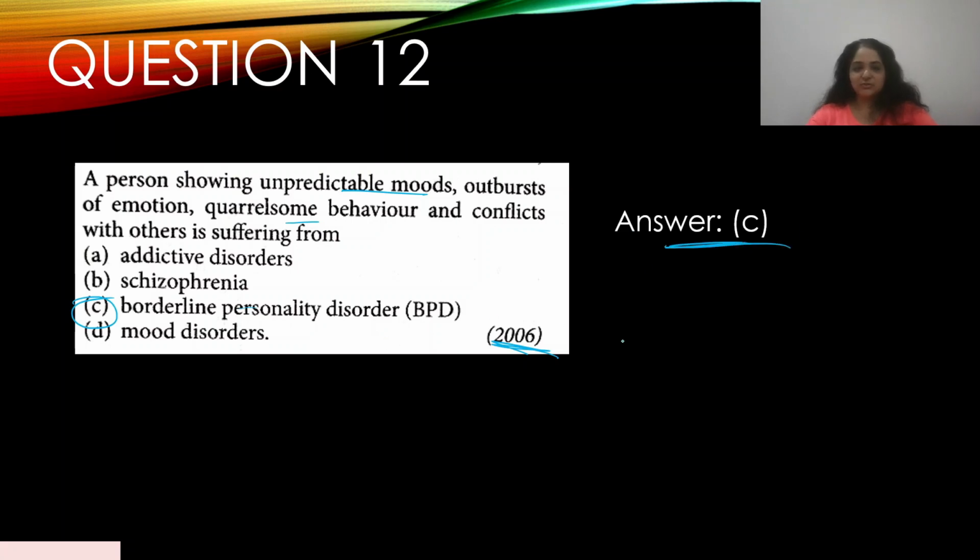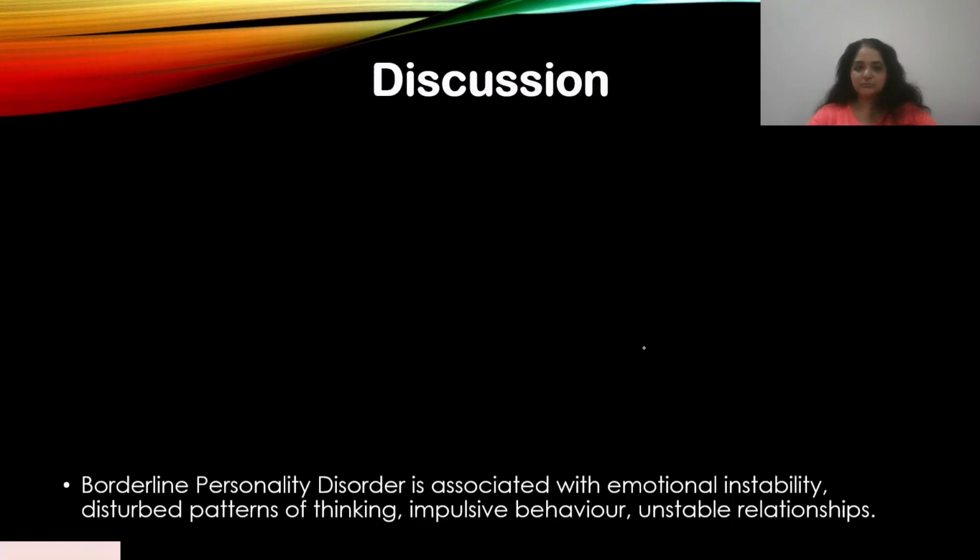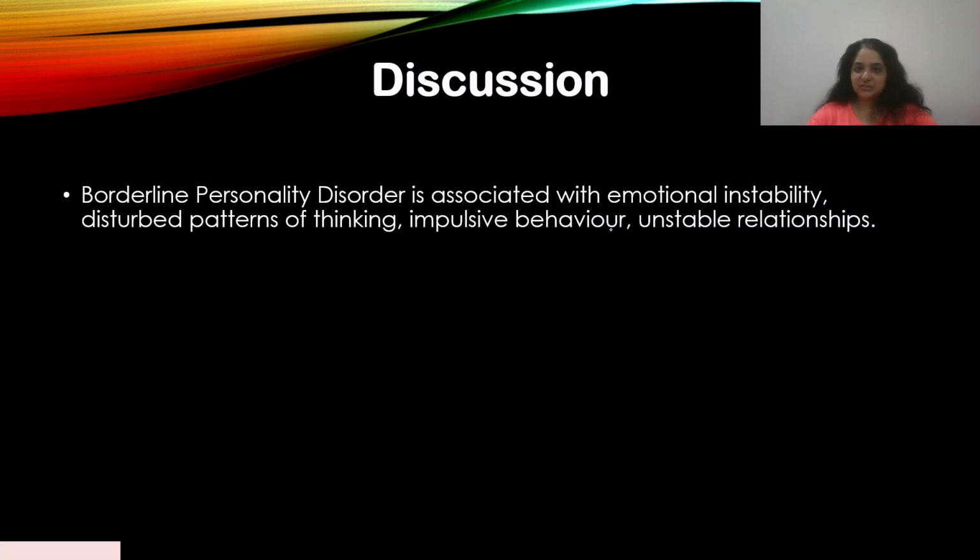Let's go to the discussion, you'll understand this better. BPD is associated with emotional instability, disturbed patterns of thinking, impulsive behavior, and unstable relationships. So your brain is not stabilized, your emotions are not stabilized. These are all borderline personality disorder symptoms.